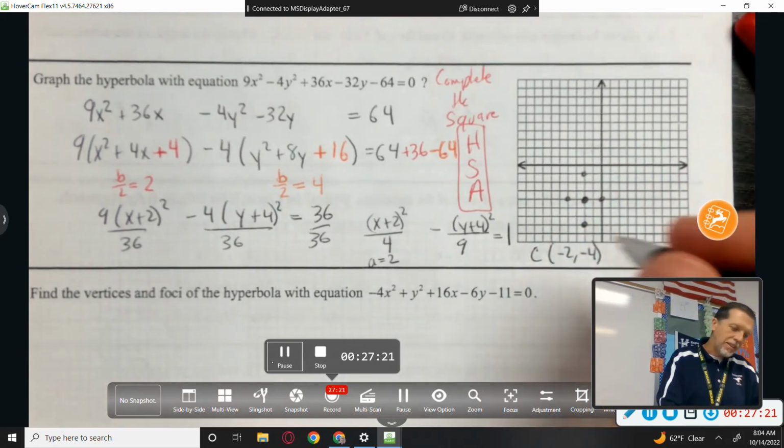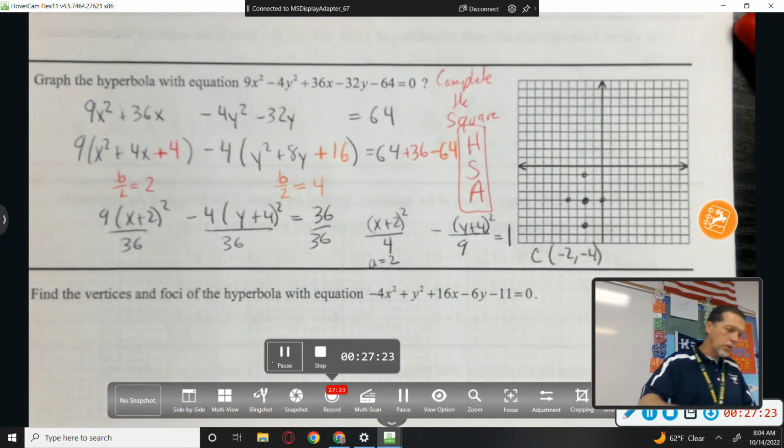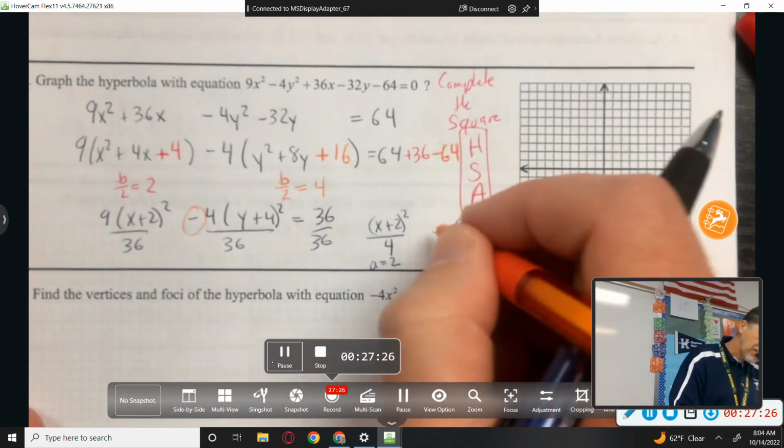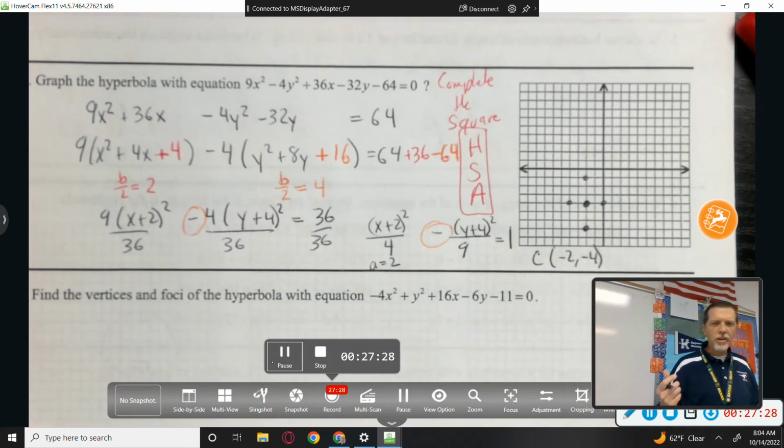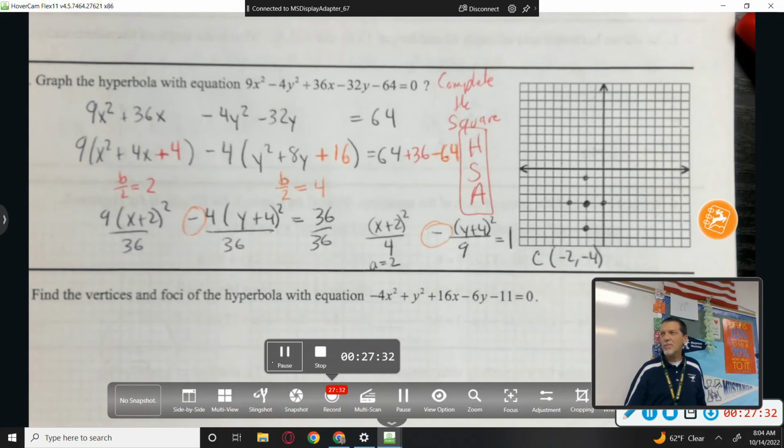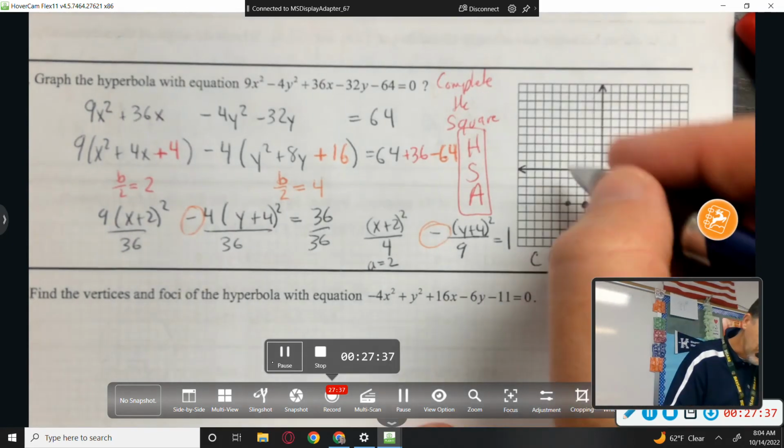Kind of tempting to sketch in an ellipse there, but we know this was a minus sign, so this is a hyperbola. So what do I do next then? I can't make the circle thing. What's the next step? You remember? Make the box and then the diagonals.